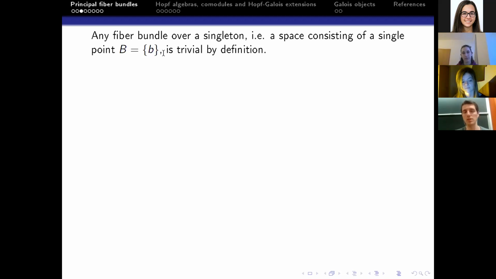You can see this by just looking at the definition. Here we have only one chart U, and so the bundle is homeomorphic to the product of B and F globally, not just locally. So any bundle over a single point is trivial.